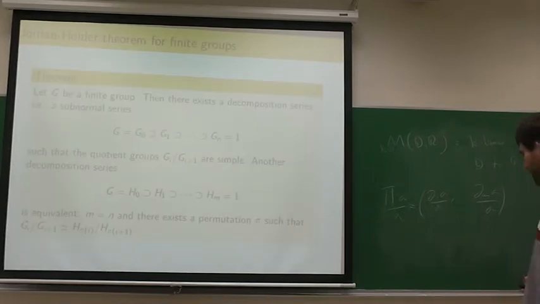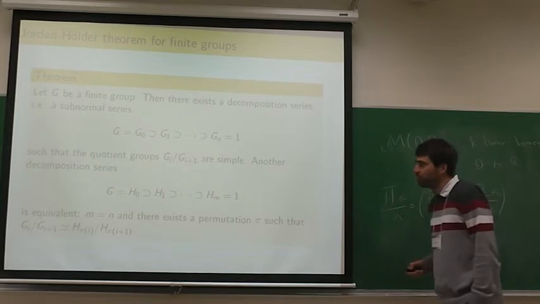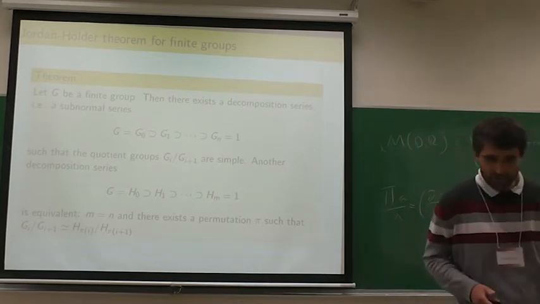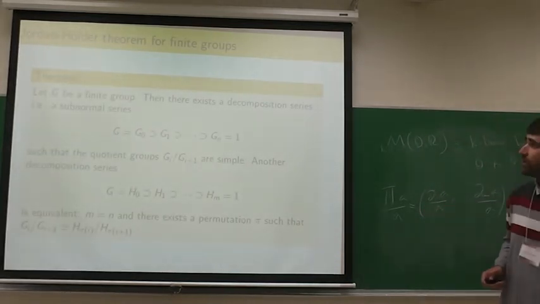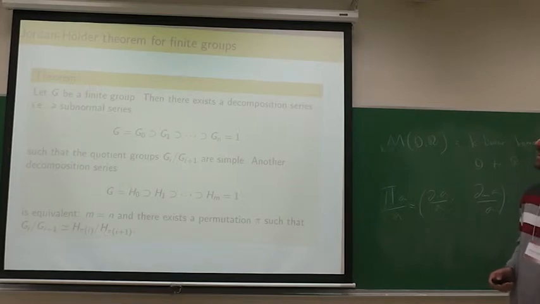Okay, so now we've seen some basic definitions of difference algebraic groups. We can start discussing the Jordan-Hölder theorem. So that's the classical version for finite groups. If G is a finite group, then the statement is that there exists a so-called decomposition series.